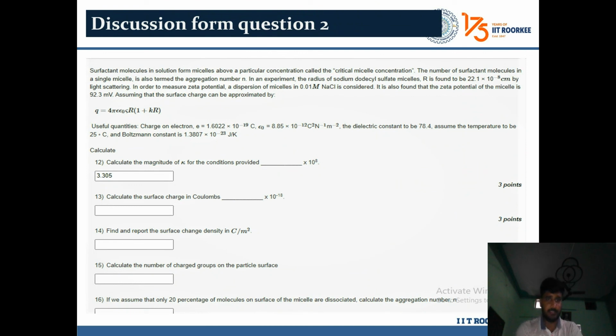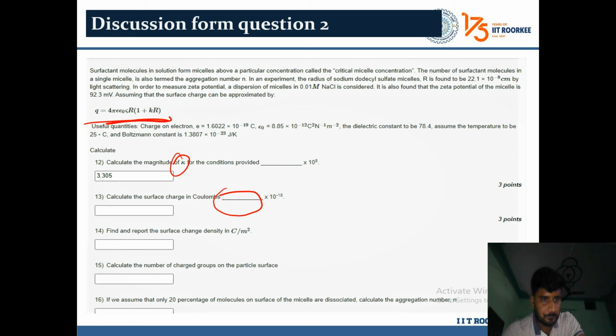And this is the second question of the discussion forum. Somebody has posted it. I have already solved that problem in one of the sessions, I don't remember which. But what you have to do is the kappa value you can easily calculate. You have to calculate the surface charge in coulomb. This is the surface charge expression given here in this question. You can put those values and you can get the surface charge.